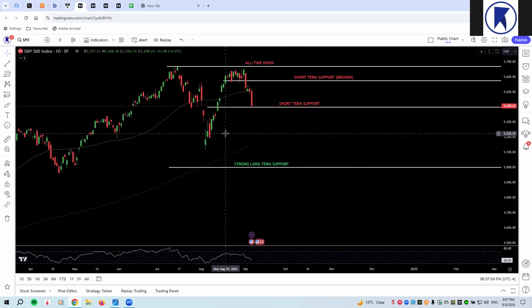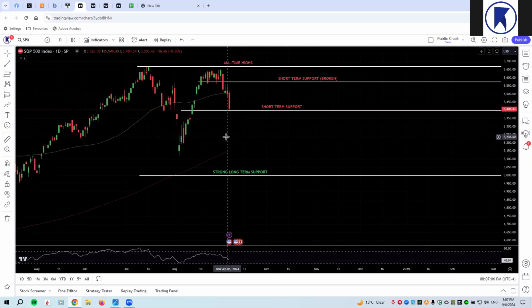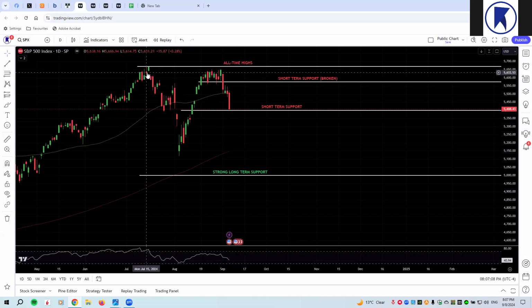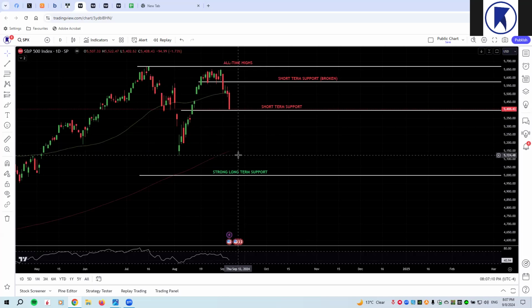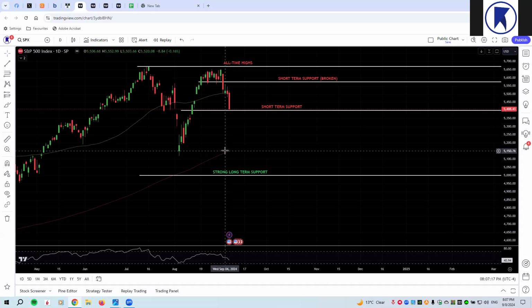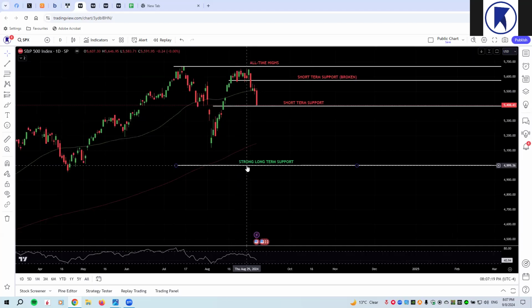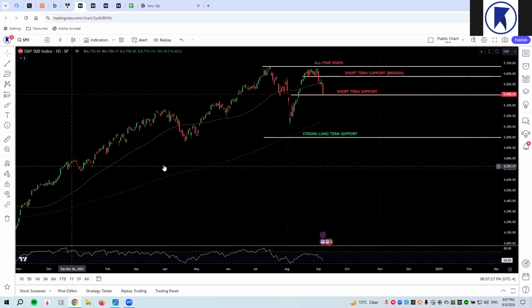I think that would be too much of a brutal drop. It's very rare to see an entire fill right back down, and that would put us right at the 200-day moving average as well, right? So interestingly, we're still above that long-term strong support of 5,000 that we saw back in April, right?